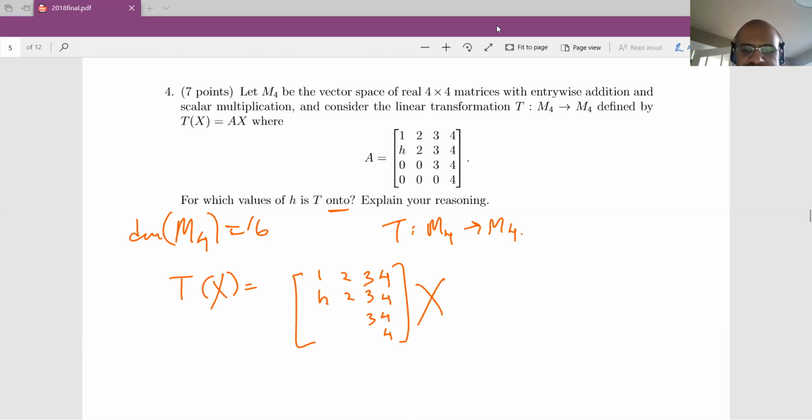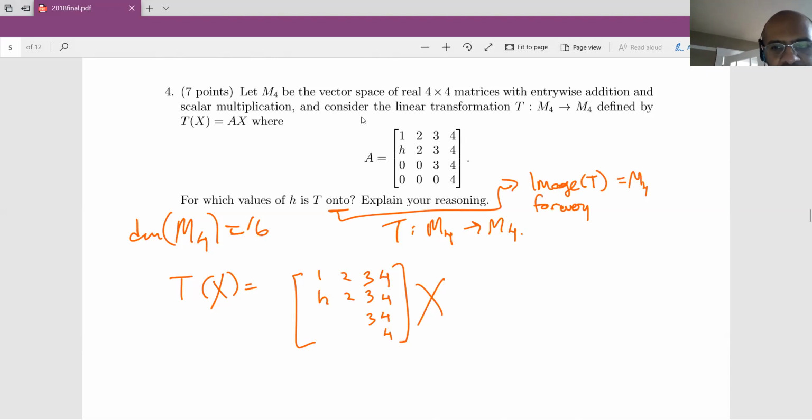Can someone state the definition of onto? I guess the range would be all of M4. Yeah, so the image of T is all of M4. And what that means is for every, let's call it capital B in M4, T of X equals B has a solution.